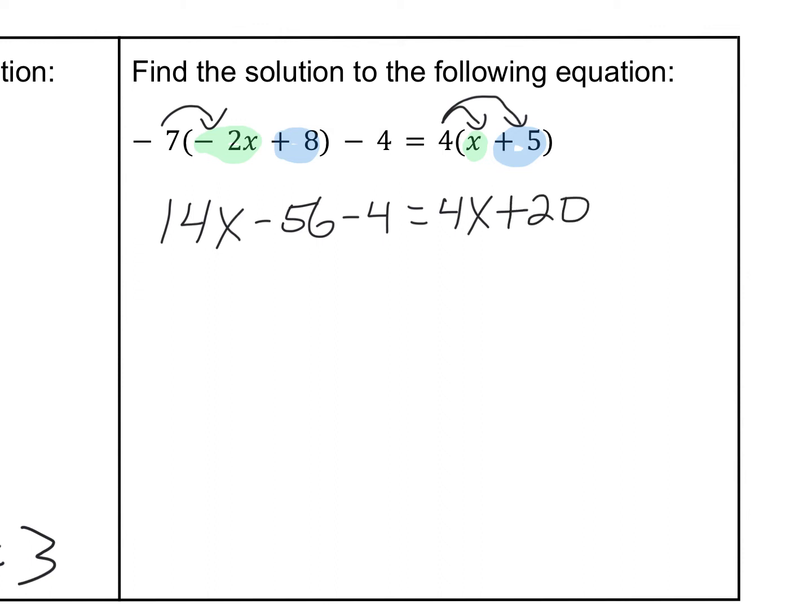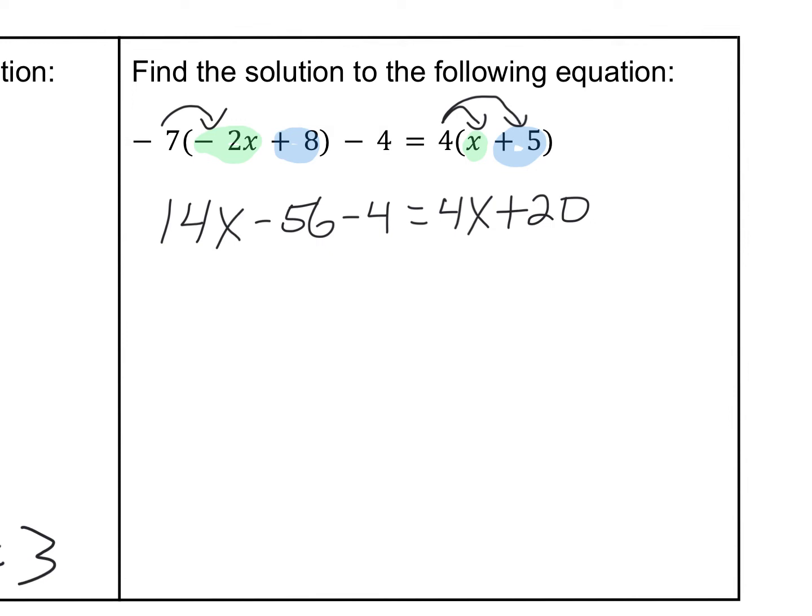Okay. So now we have this equation. It's the same equation we just distributed. So we've taken the first step. Now we're going to combine like terms on the left side and combine like terms on the right side. Let me identify my terms with my highlighter.